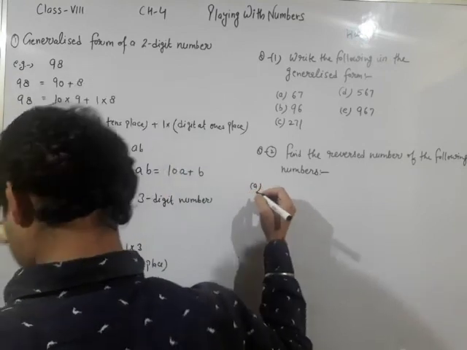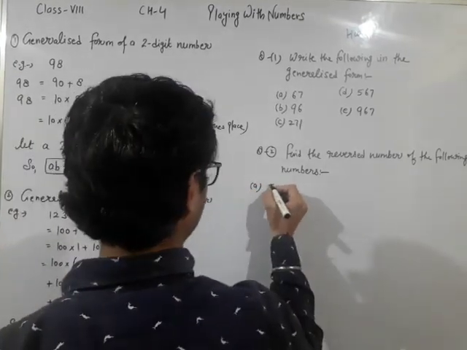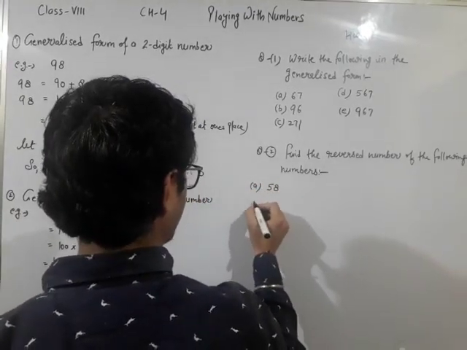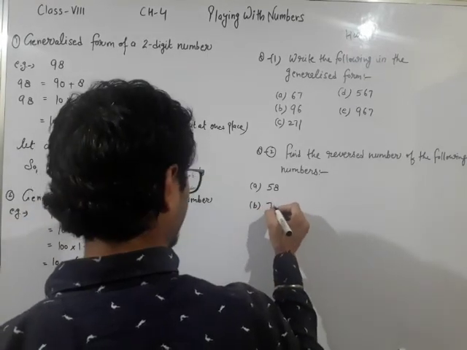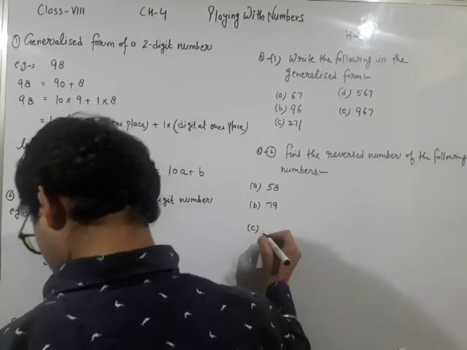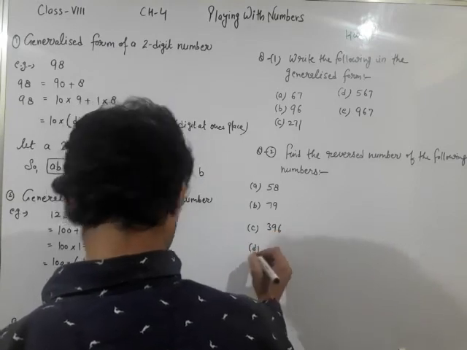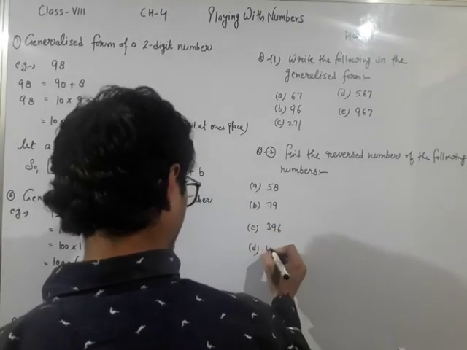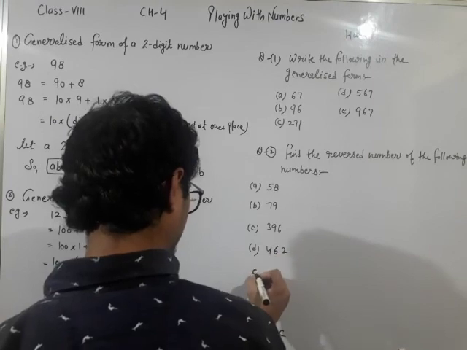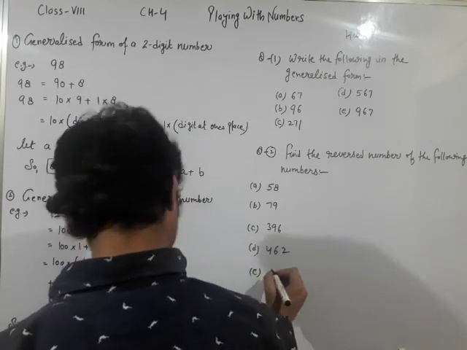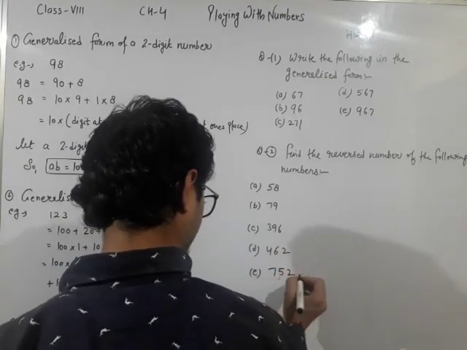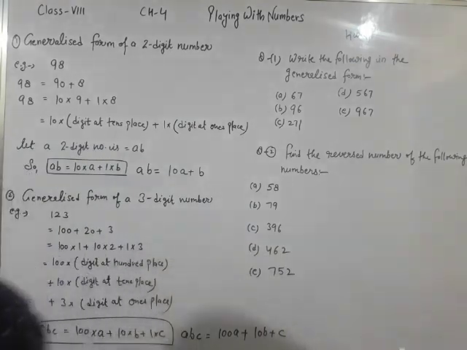A part 58, B part 79, C part 396, D part 462, E part 752. And students, these are very simple questions.